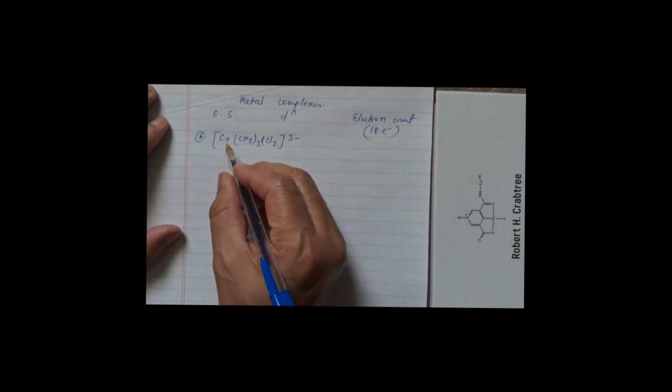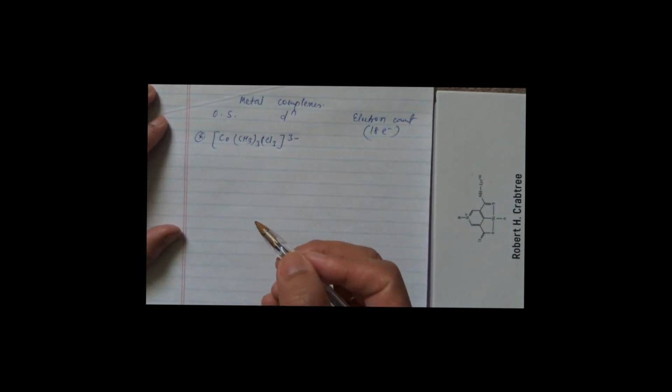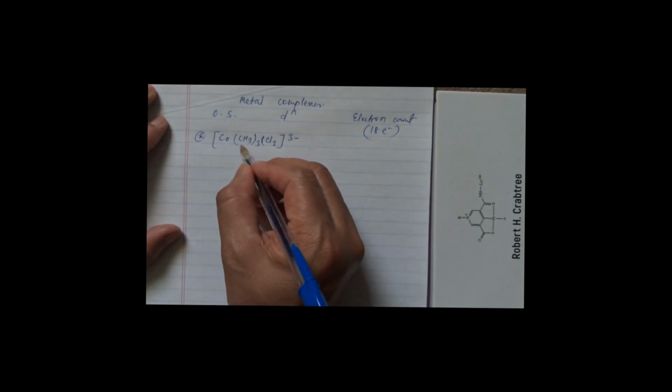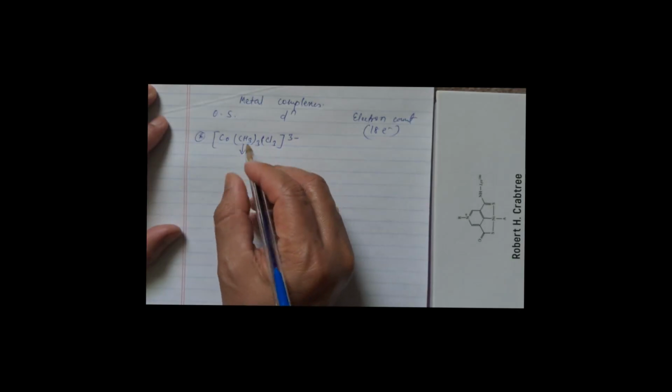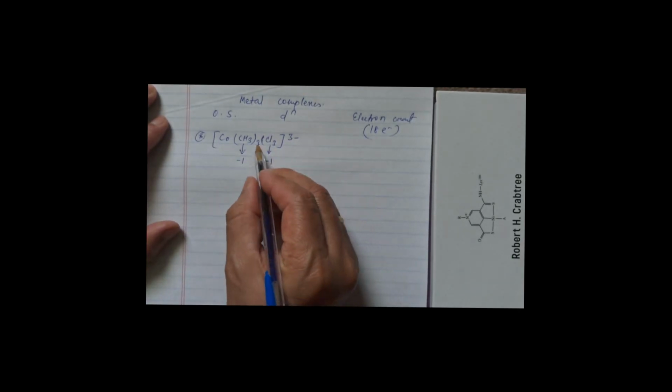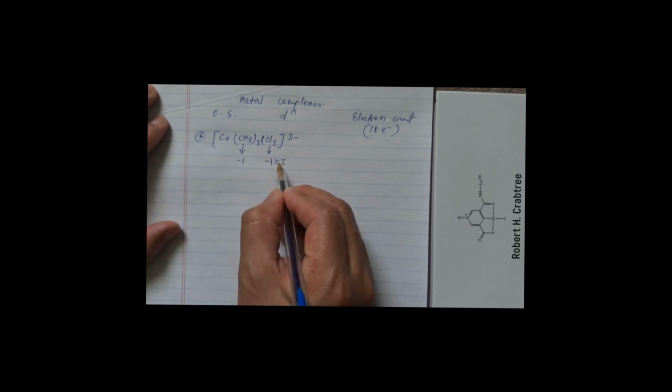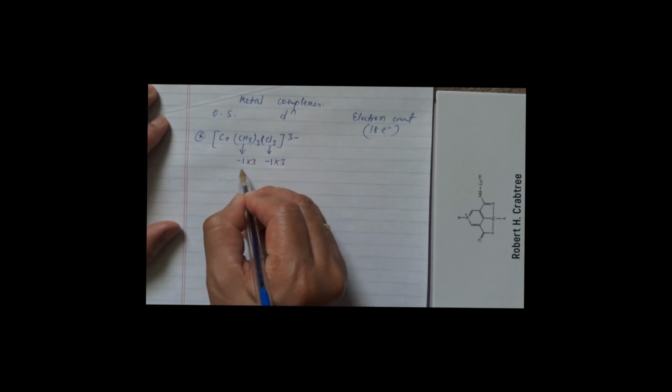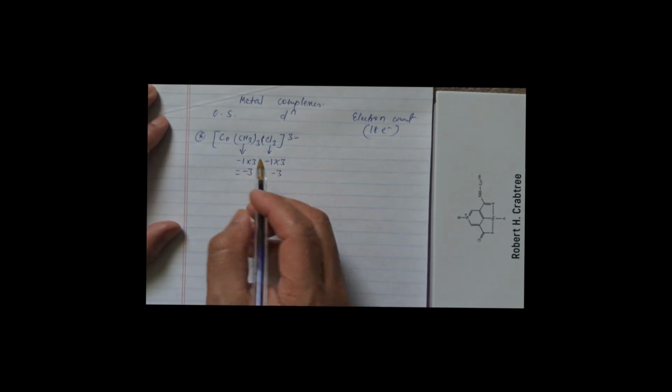First of all, let's find out the oxidation number for cobalt here. Before that, you need to know that CH3 has a -1 charge, similar to chlorine, -1. There are 3 chloride ions and 3 methyl groups, so in total it's -3 here and -3 here.